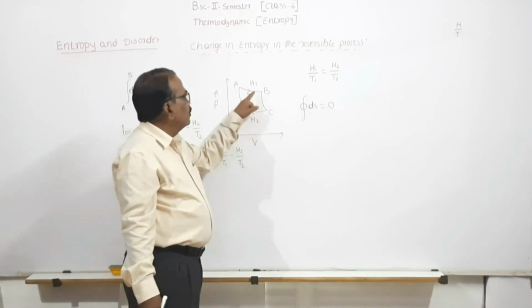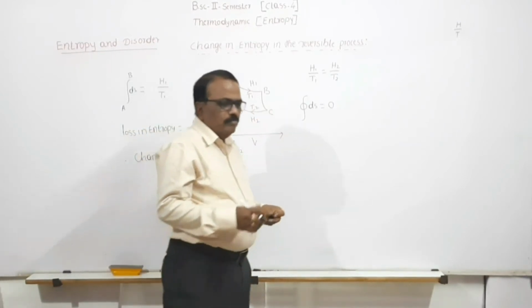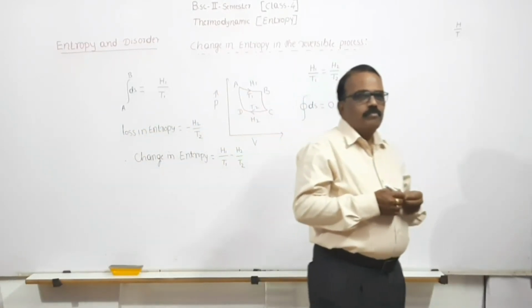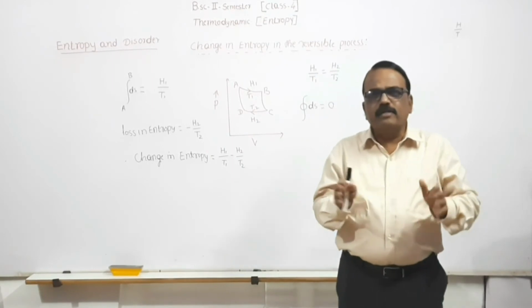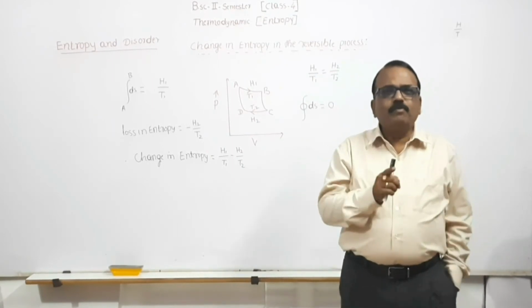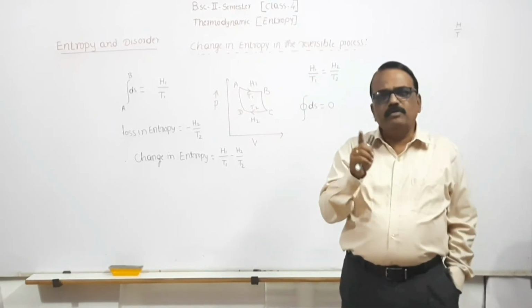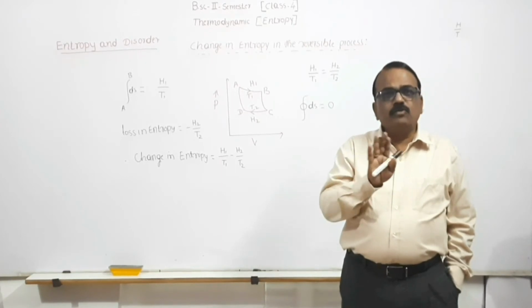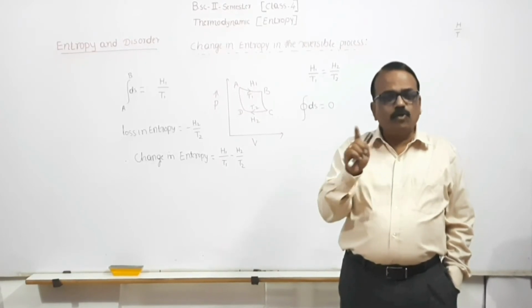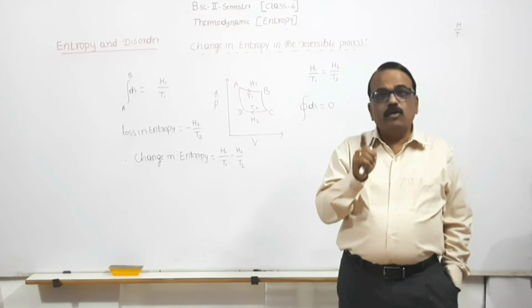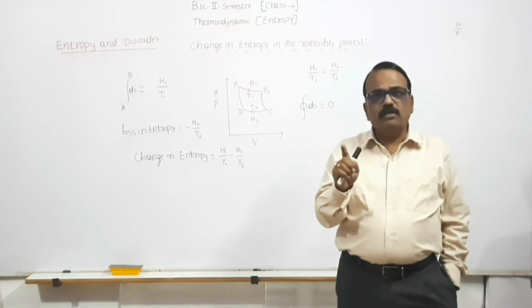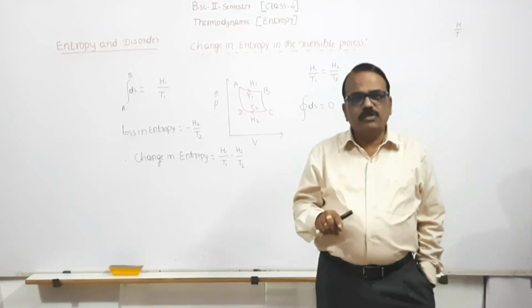The integral is taken over complete cycle. So from this it is clear that in the reversible process the change in entropy is 0, or entropy remains constant. It will not change.